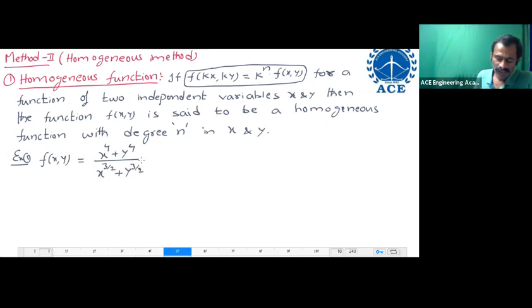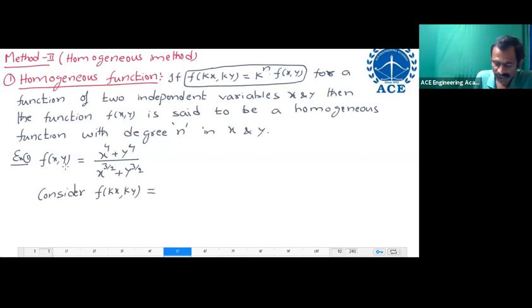Now here I wrote some function of two variables. We check whether it is a homogeneous function or not. To check this, we check the condition only. So to verify the condition of the homogeneous function, consider f of kx comma ky.